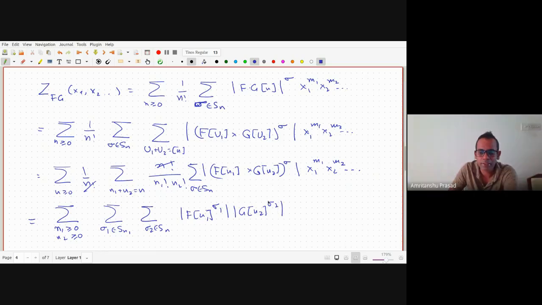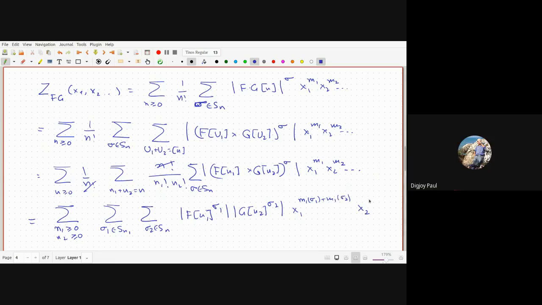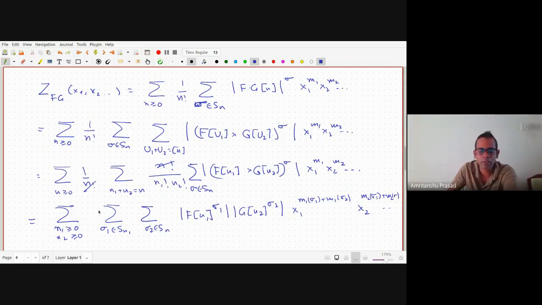The number of cycles in sigma 1 comma sigma 2 will be the sum of the cycles in each, so x1 to the m1(sigma 1) plus m1(sigma 2). And so then this is just the product.